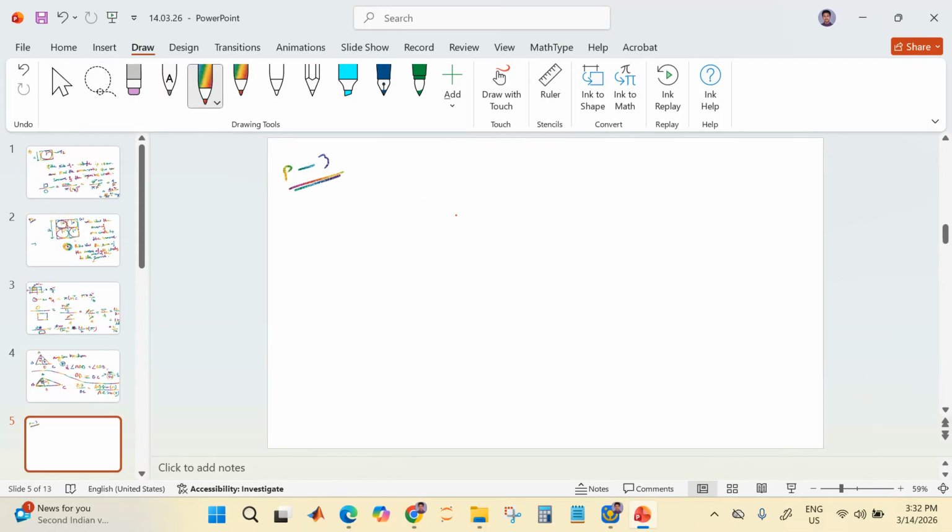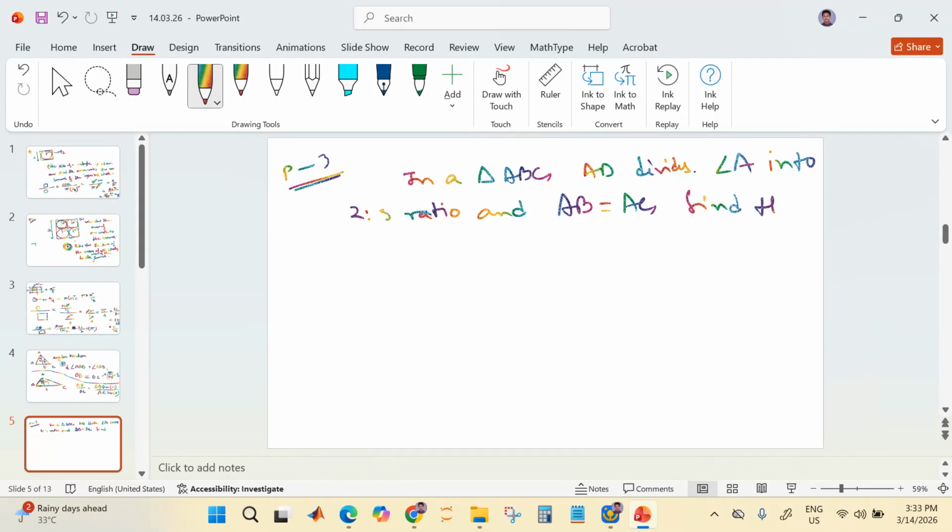In a triangle ABC, AD divides angle A into 2 is to 3 ratio, and AB equals AC.